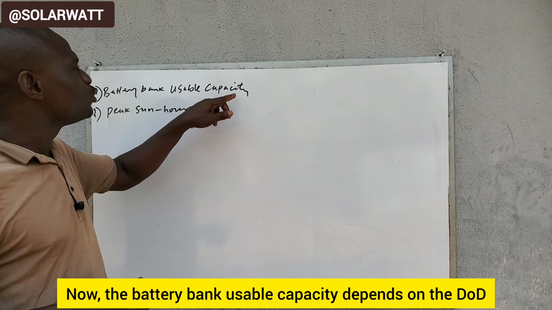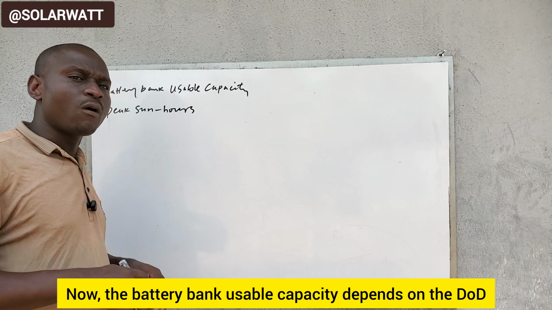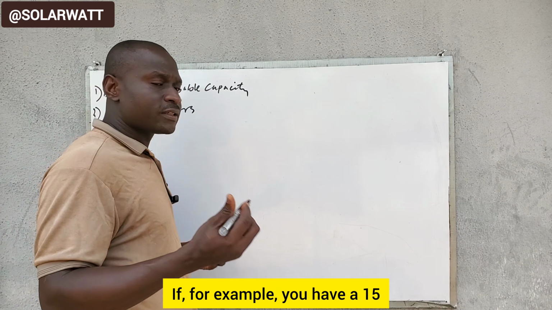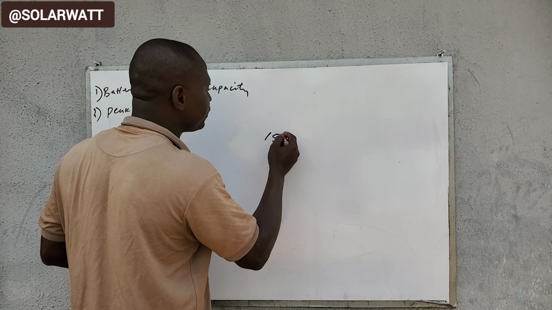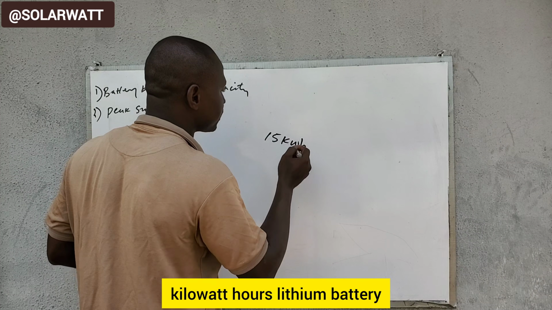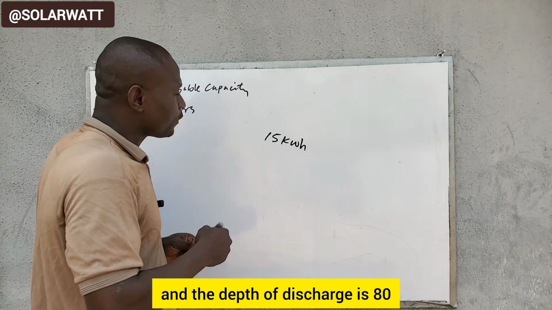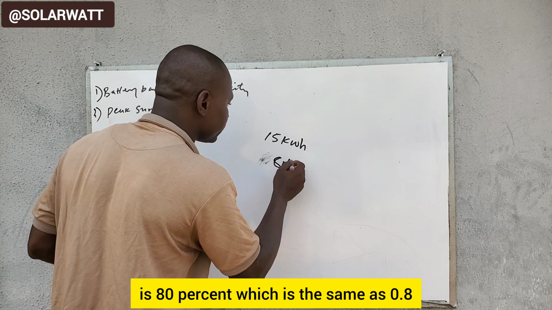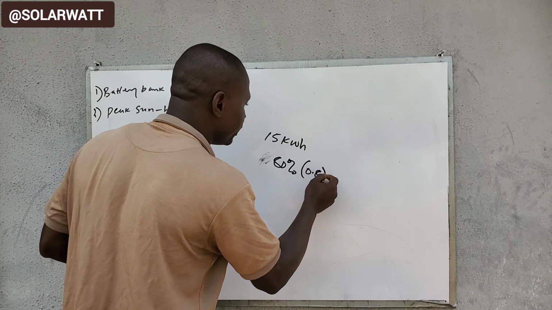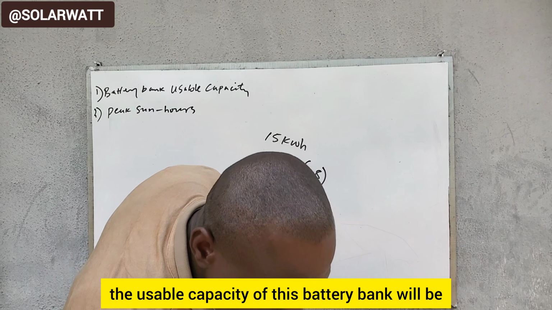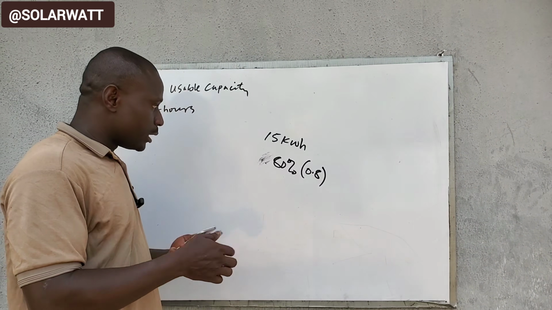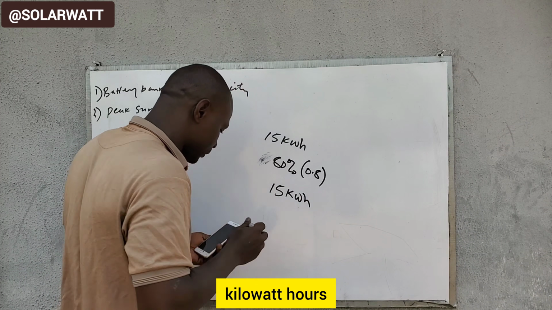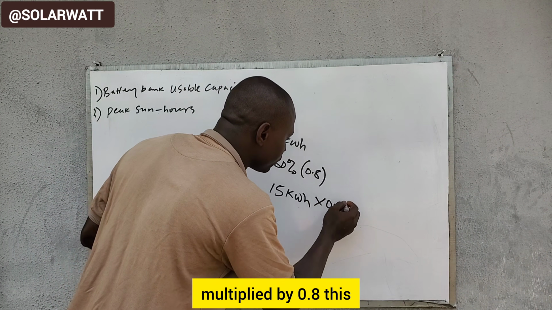Now, the battery bank usable capacity depends on the DOD, that is the depth of discharge of that battery. If, for example, you have a 15 kilowatt hours lithium battery and the depth of discharge is 80%, which is the same as 0.8, the usable capacity of this battery bank will be 15 kilowatt hours multiplied by 0.8.